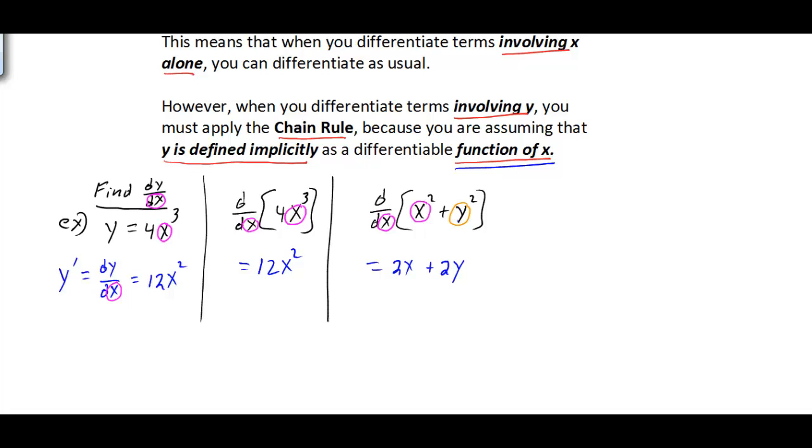So we don't really know what this is, but we can simply indicate that by saying we need to multiply this by the derivative of whatever y is. So we could simply write this as dy dx, okay? But to make this a little bit easier, dy dx we're going to say is the same thing as y prime. So down here, instead of writing dy dx, I'm going to simply say y prime.